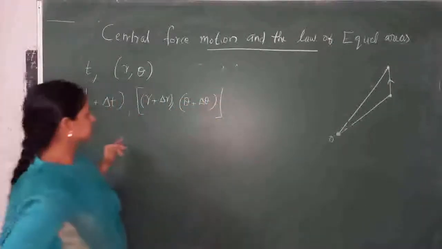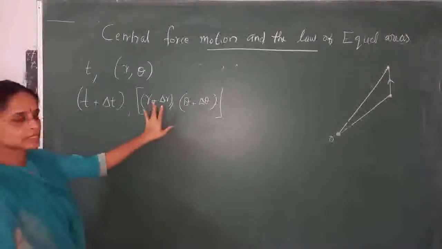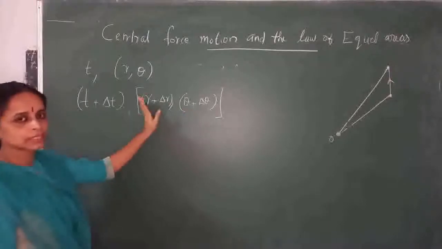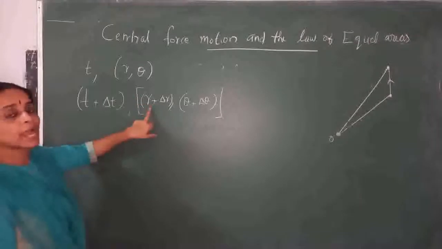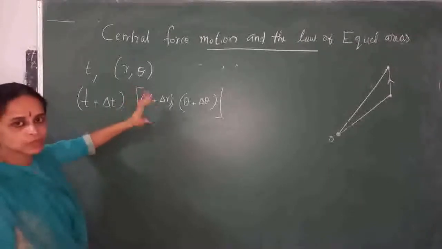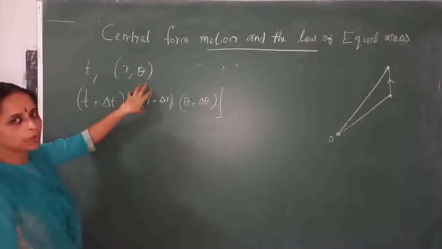This is in polar coordinates, that is, a radius vector is there as well as some angle. Usually in xy coordinates we have to resolve r into x, y and z components. Here we are not resolving, we are directly using the radius vector in the case of polar coordinates.